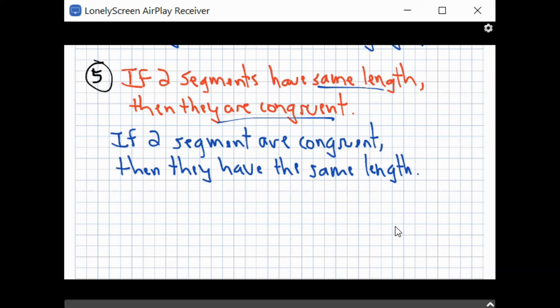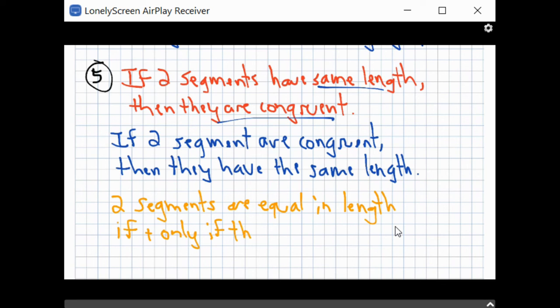So two segments are equal in length. And here comes the keywords, if and only if they are congruent. And you can see that's a pretty good definition of congruent segments.